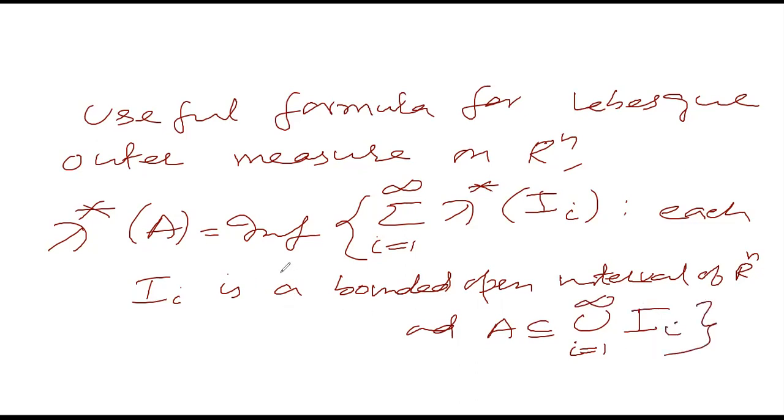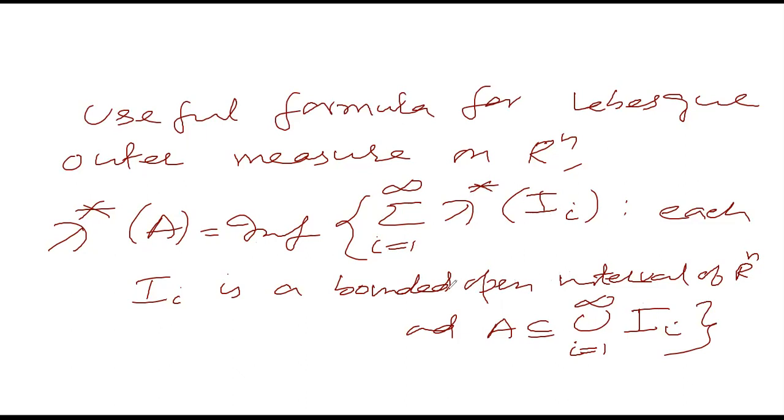So that's this formula. The actual definition is that you take the infimum of the summation, i runs from 1 to infinity, of the Lebesgue measure of I_i, where each I_i is a semi-closed interval, the product of n copies of semi-closed intervals by definition. But this formula states that you can take these I_i as bounded open intervals of Rn.